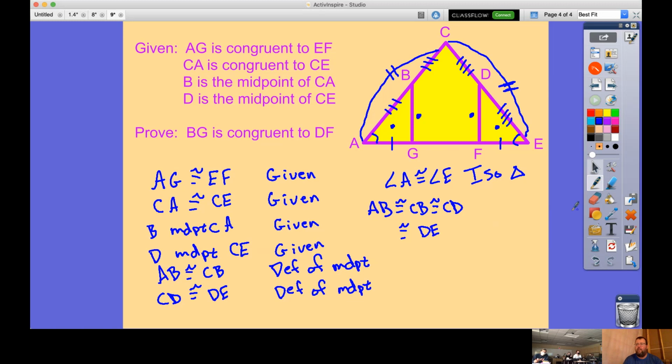So if you just write that out here and say, all right, we know we've got an isosceles triangle where the two sides are cut in half.